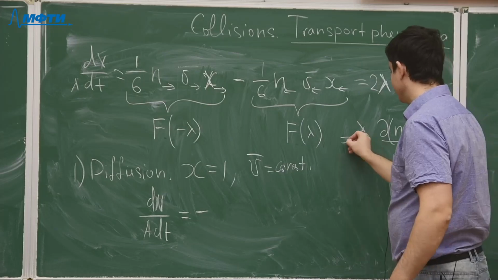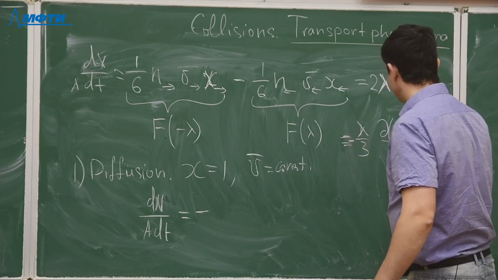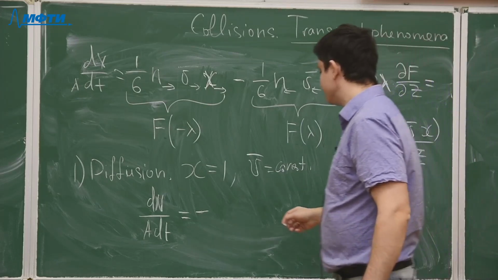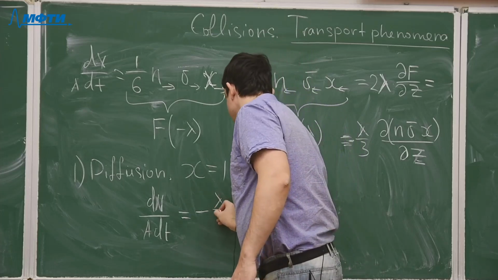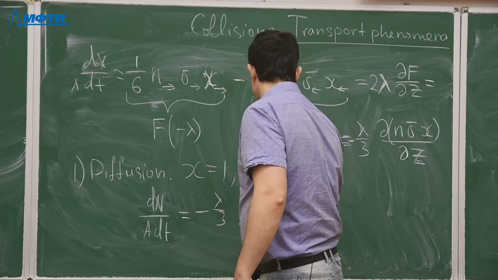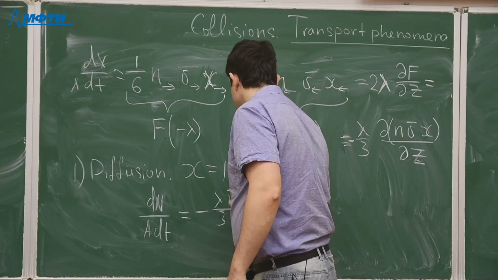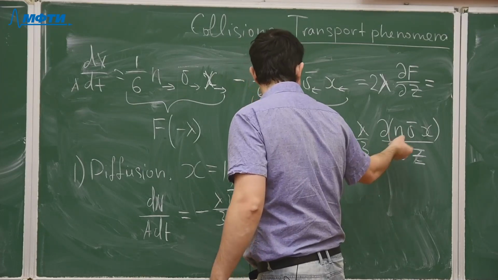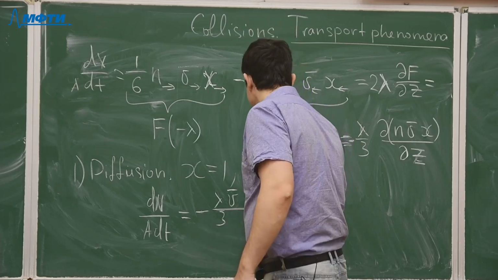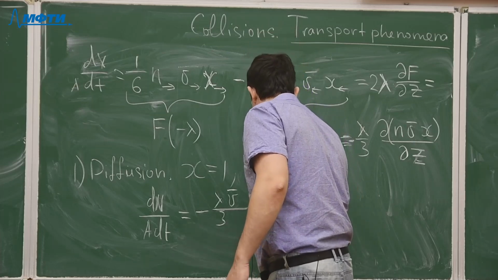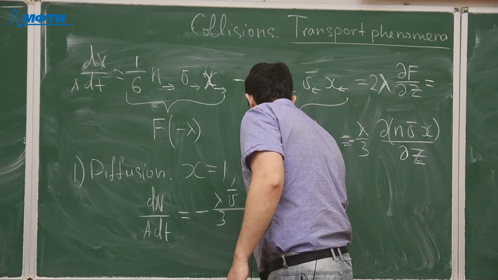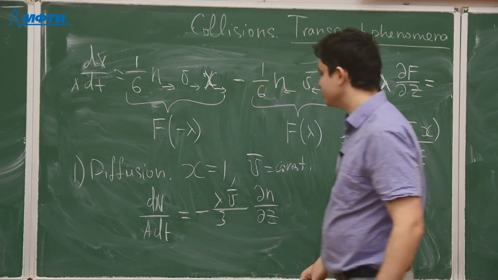So I have minus lambda over 3 multiplied by average v, and what remains in this derivative is the gradient of the concentration of these molecules, dN over dz.